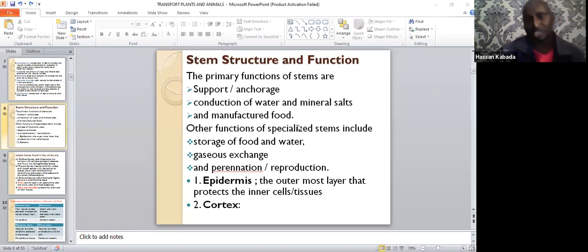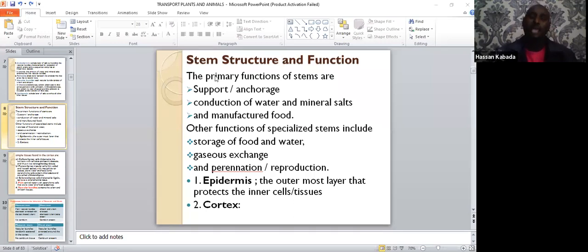So the primary functions of the stem, one, to support or anchor the plant. So what the roots are holding are actually the stem. And the stem holds the branches, the leaves, the flowers, the fruits, and the seeds.